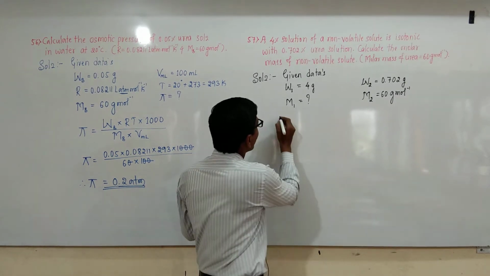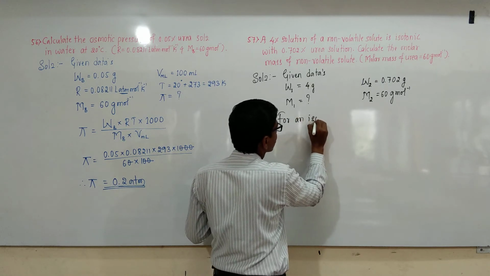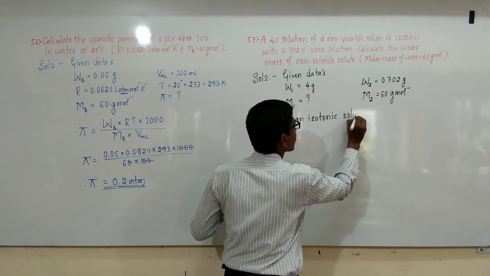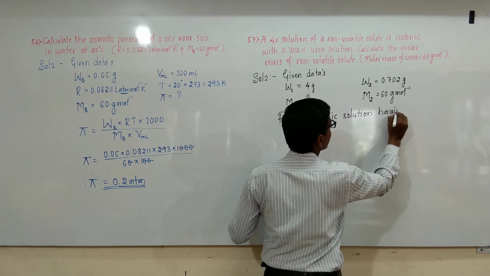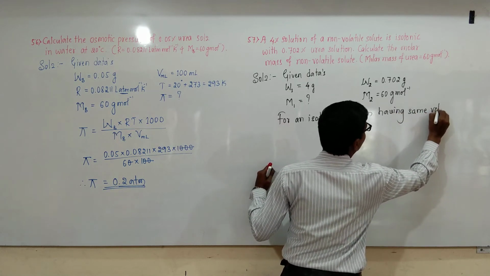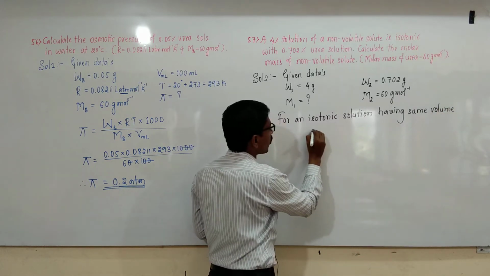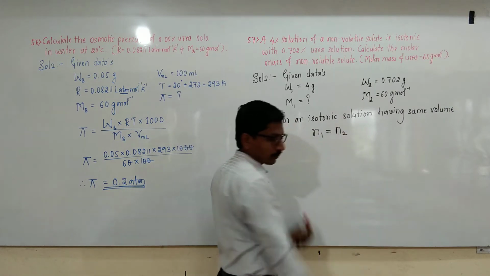Then for an isotonic solution having same volume, that is nothing but N1 is equal to N2.